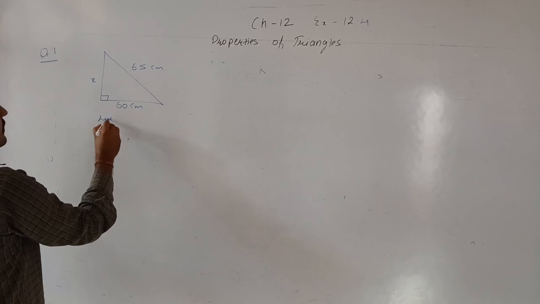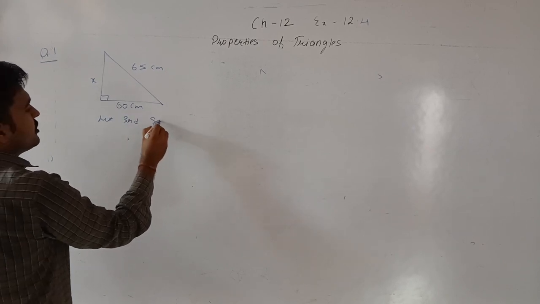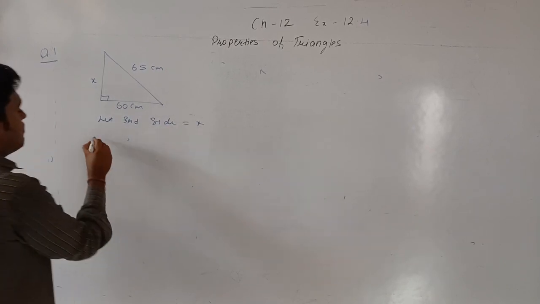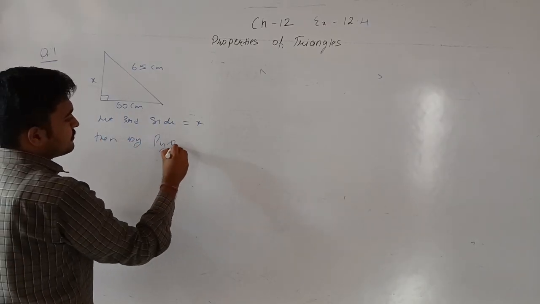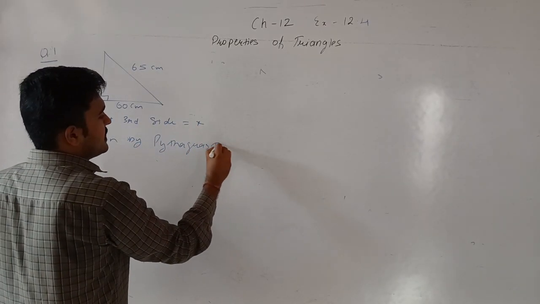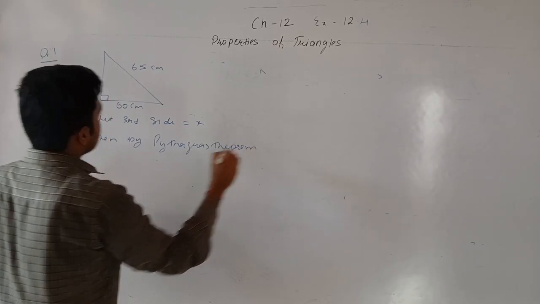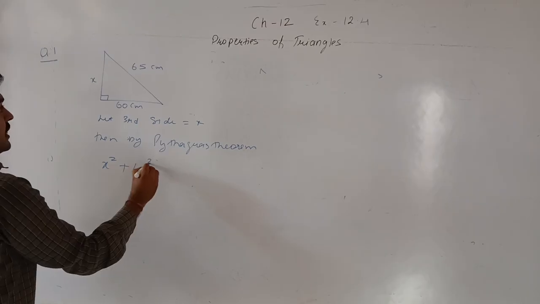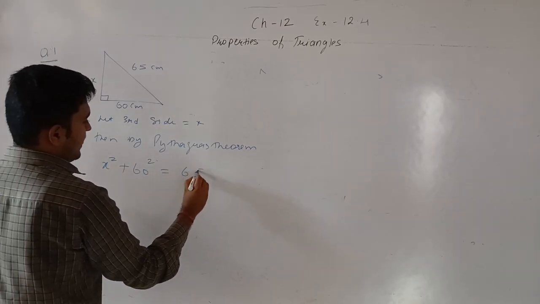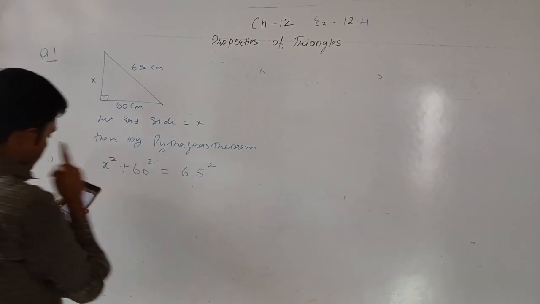So let the third side be equal to x. Then by Pythagoras theorem, x squared plus 60 squared must be equal to 65 squared.